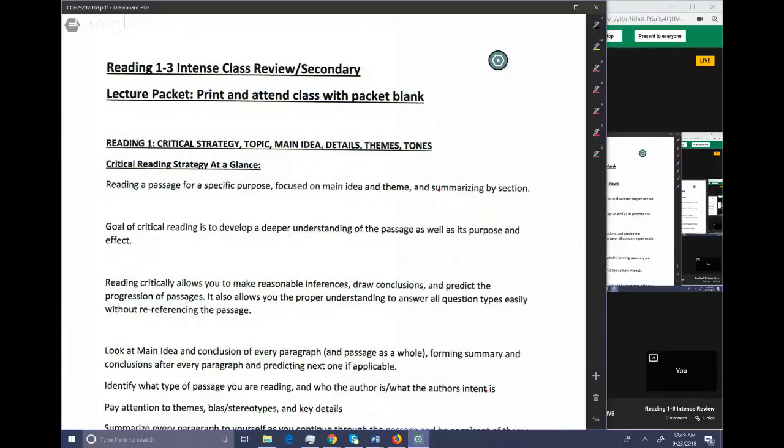So of course, when you take the real test, it's on the computer. You can no longer actually literally write next to your paragraphs. And so I demonstrate at the end of this packet how you carry over that critical strategy and just do the same thing on your scratch paper.